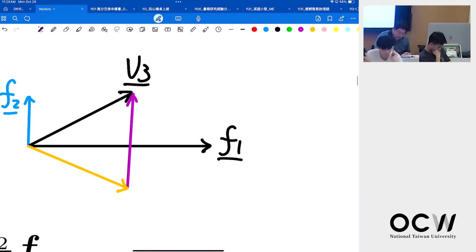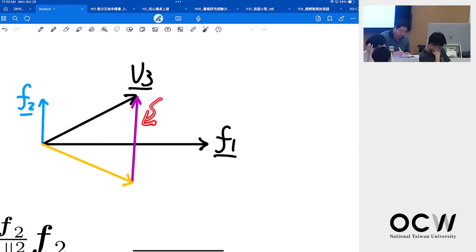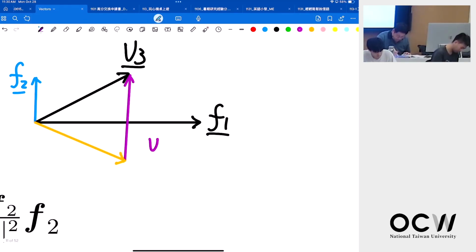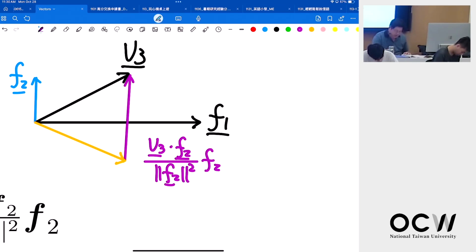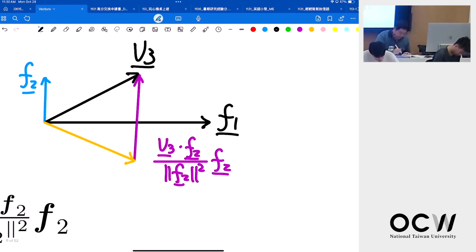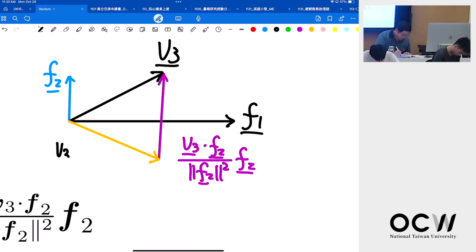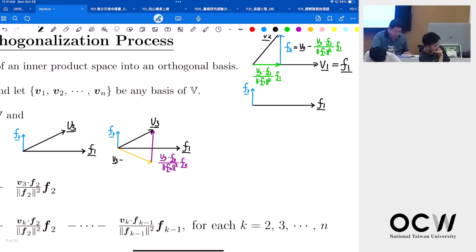To get this projection on f2, we have v3 dot product f2 divided by the norm of f2 squared, and the direction is f2. Now the v3 projected onto f2.